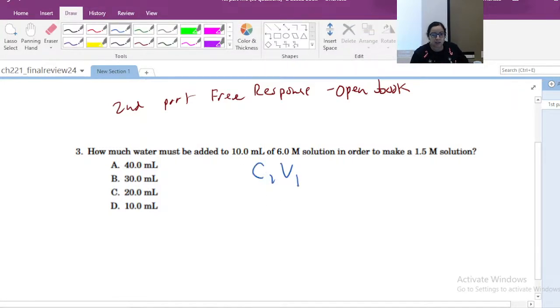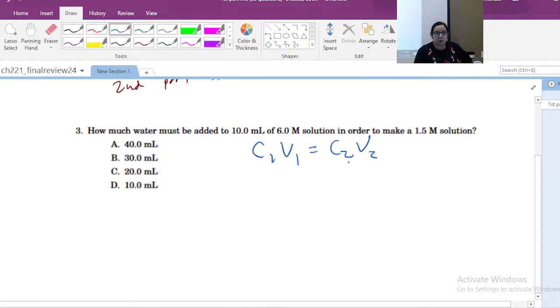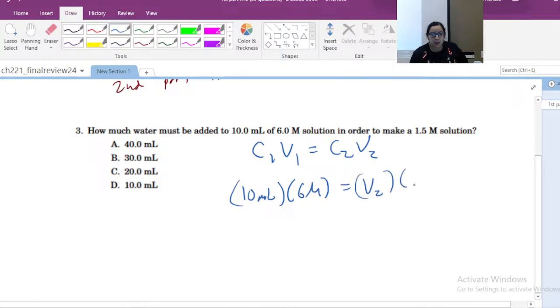This was a C1V1 equals C2V2 calculation, and most people did write the work, so we can just set it up together. We have 10 milliliters of 6 molar solution. We're trying to figure out our V2 to make a 1.5 molar.